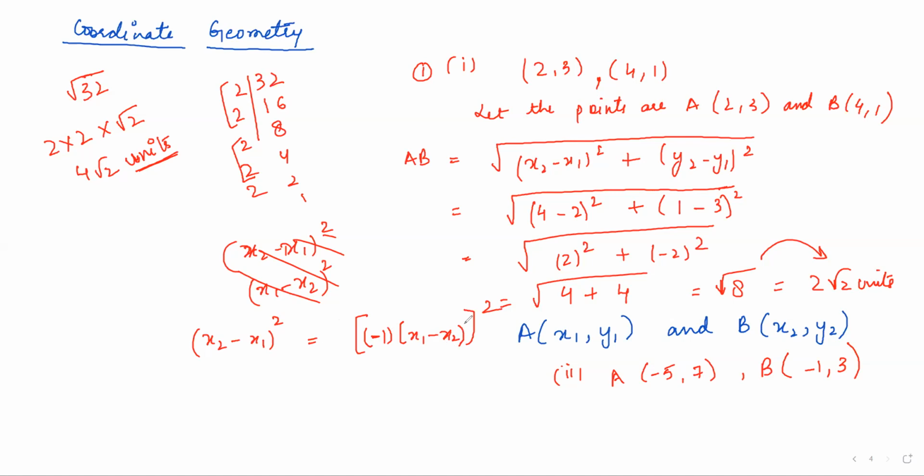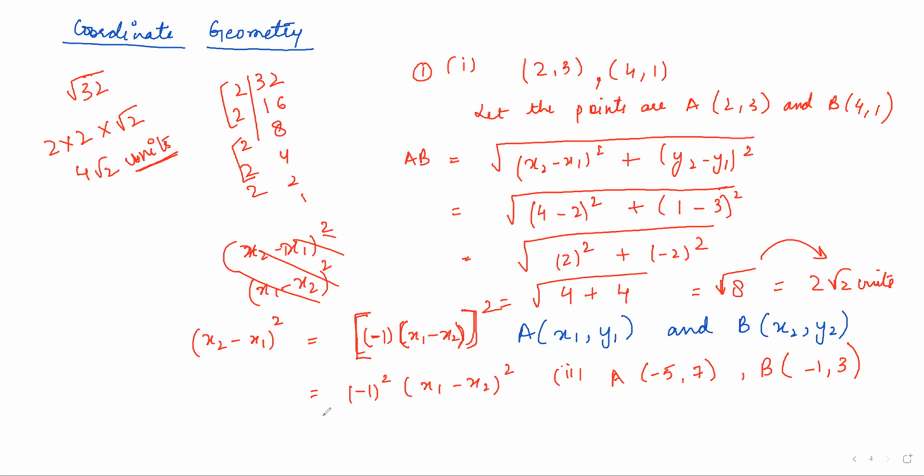This whole square is already there. I'm not disturbing it, and inside I'm just taking minus 1 common. So the minus will become plus and the plus will become minus. So I have separated minus 1. Now I can break it like this: (minus 1) whole square into (x1 minus x2) whole square.